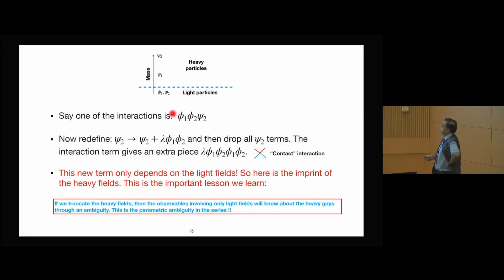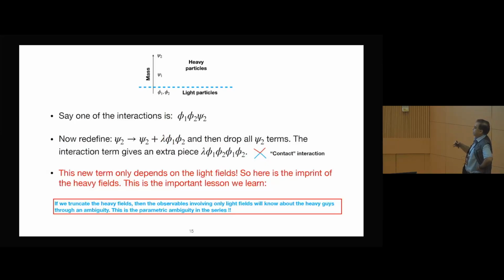But if you started off by first doing the field redefinition, which would introduce a new term in the Lagrangian which involves only the light modes, because of this redefinition and you have a cubic coupling, you'll have a new contact interaction which depends on this redefinition parameter lambda. You would have a contact interaction that was generated because of this redefinition.